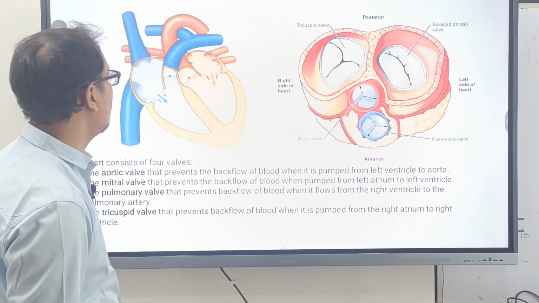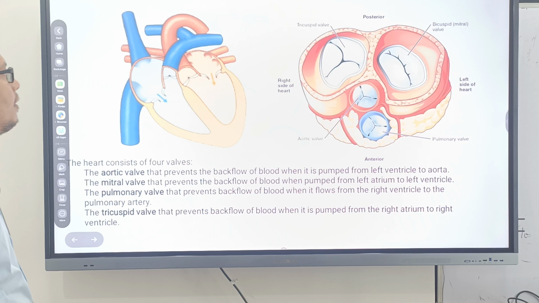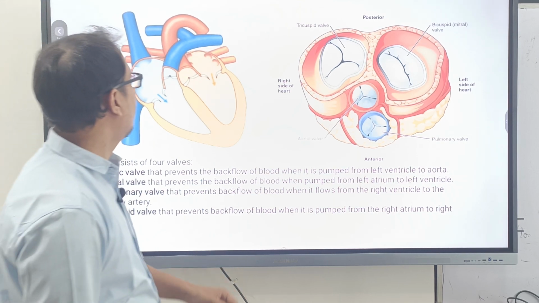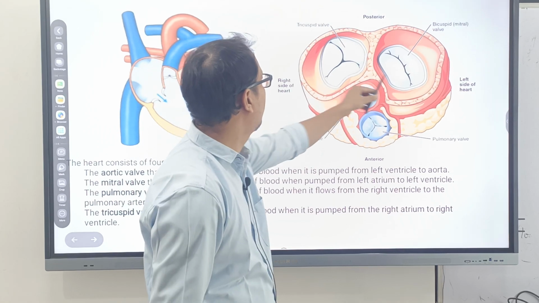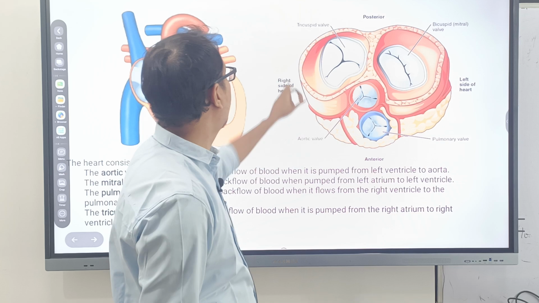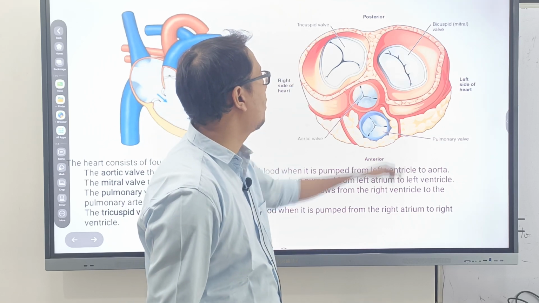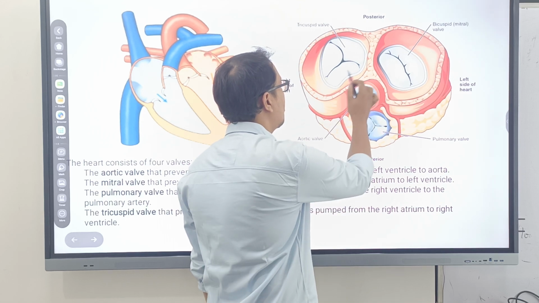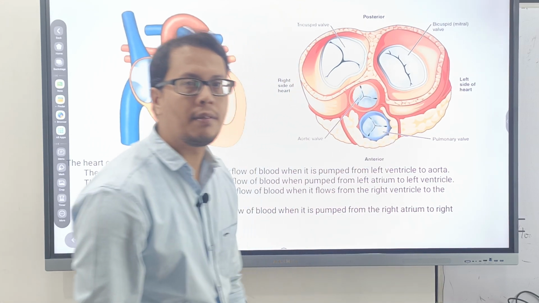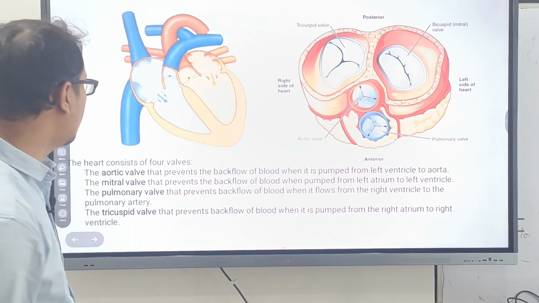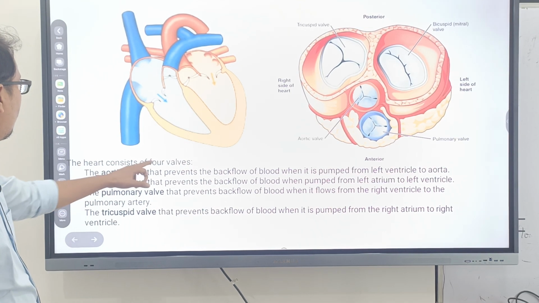Okay, next we will see the function of the different valves, and what valves look like. These are the various views of the valve. We have studied four valves so far: the tricuspid valve, the bicuspid or mitral valve, the pulmonary valve, and the aortic valve. These are the various views of the valves. One thing to note is that the function of the four valves is the same.